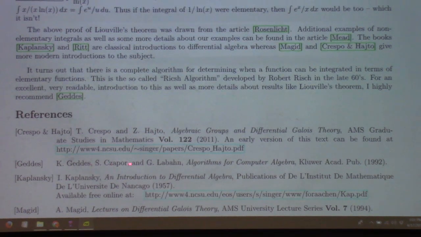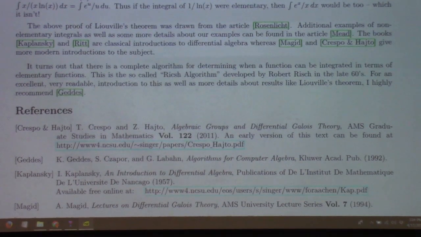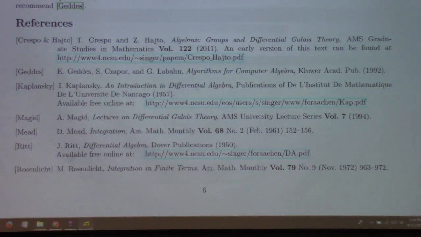This looks like a Kluwer, oh, that's expensive. Algorithms for Computer Algebra. Kaplansky, which is the classic, but a little bit old now, from 1957. This book here, this book here, this book here. And finally, Rosenlicht has an article in the AMS Monthly.